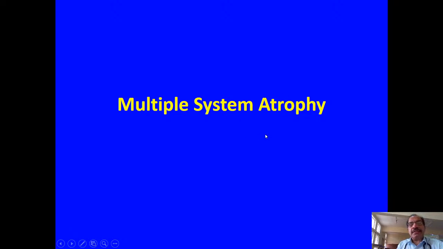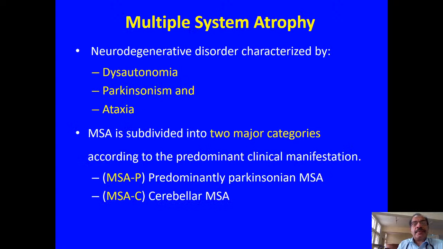So coming to multi-system atrophy. Multiple system atrophy simply means there is involvement of multiple parts of the central nervous system. So it will affect the basal ganglia, it will affect the brainstem, it will affect the cerebellum, it will affect the cerebral cortex in various combinations. So basically, it's a degenerative disorder.